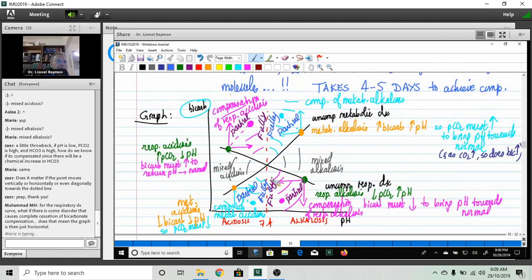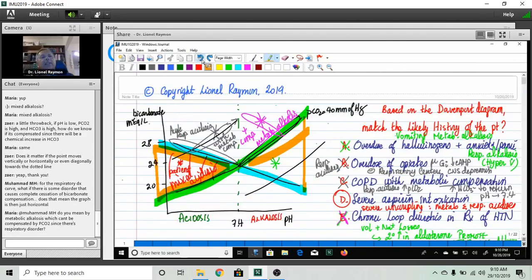And I realized that if I was here, that would have been someone with compensation of a respiratory acidosis. Here, someone with compensation of a respiratory alkalosis. I would be able to say that here is someone with compensation of metabolic alkalosis, someone with compensation of metabolic acidosis. And finally, if I am in these two wedges, this is a mixed acidosis, this is a mixed alkalosis.